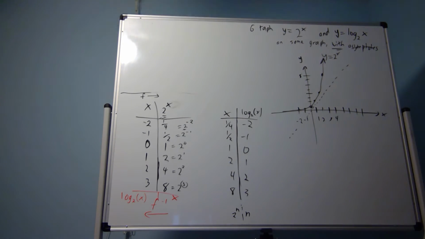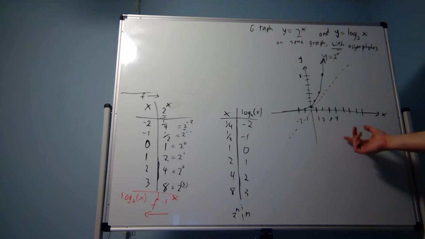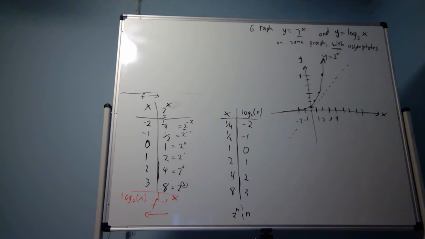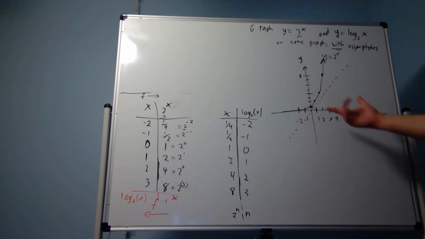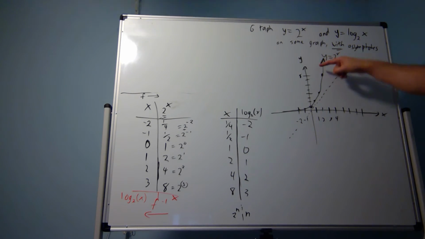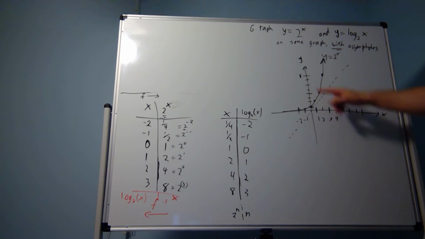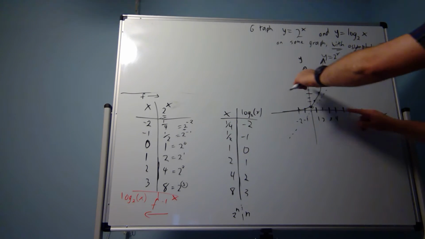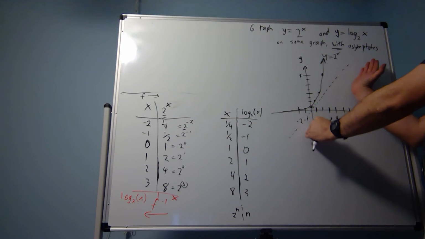If you want to have this line of symmetry, just make sure that your y and your x are labeled so that they have the same scale. You don't want these numbers being a lot bigger than the same number on the other axis, because you want it to be a nice symmetric picture.